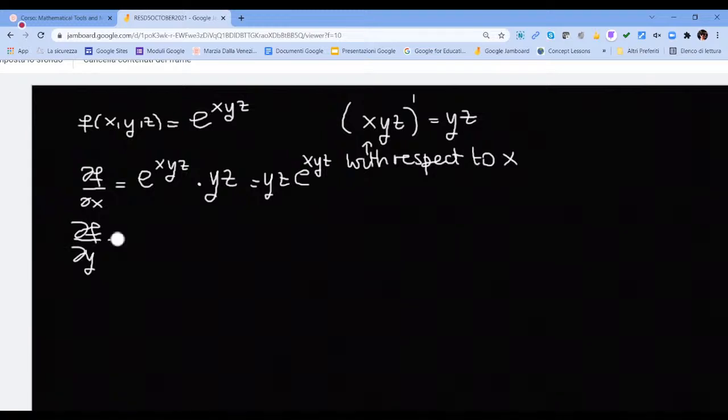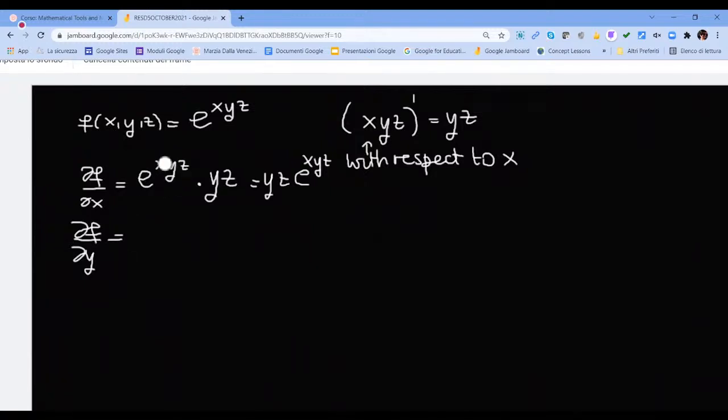So the very same computation, because e to the power of xyz will be the same, and then we have to derive the argument, so the exponent xyz, with respect to y.